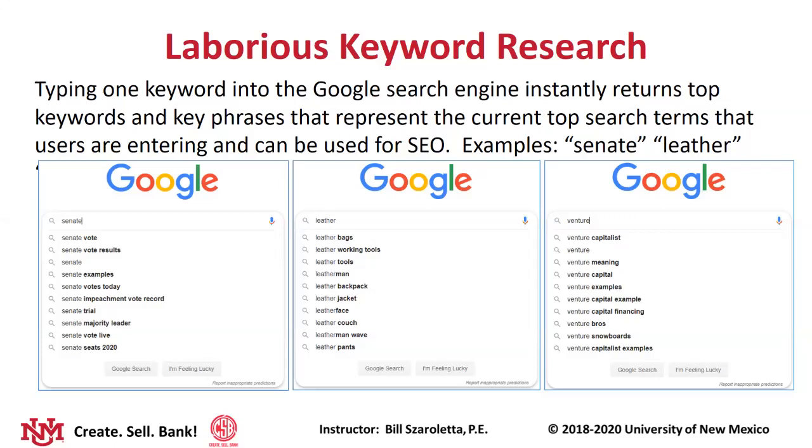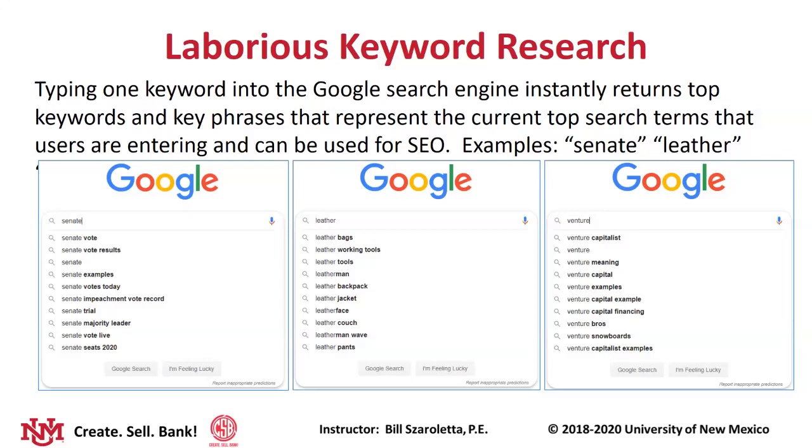If you go to Google and you type in one word, so for instance, if we type in Senate, well, all of a sudden what happens is you get Senate vote results, Senate examples, Senate votes today, Senate impeachment vote record, Senate trial, Senate majority leader, Senate vote live, Senate seats 2020. And now Google just saw that you typed in Senate, and it's going in and it's trying to anticipate what you're trying to do.